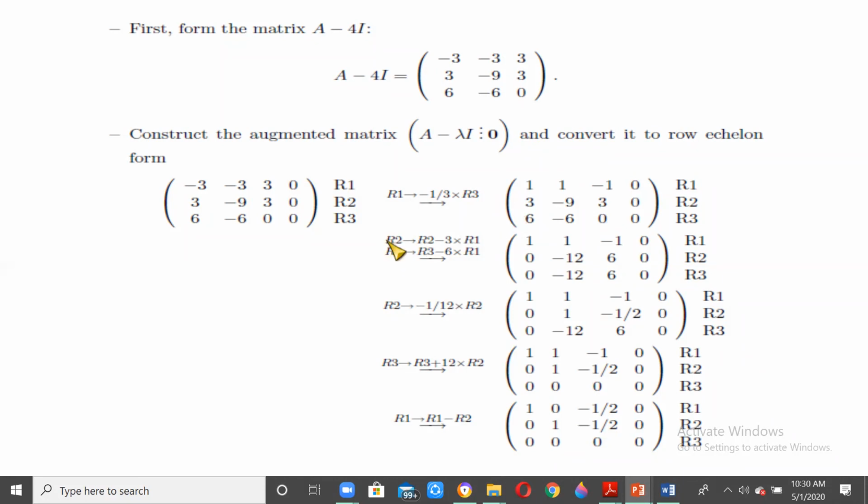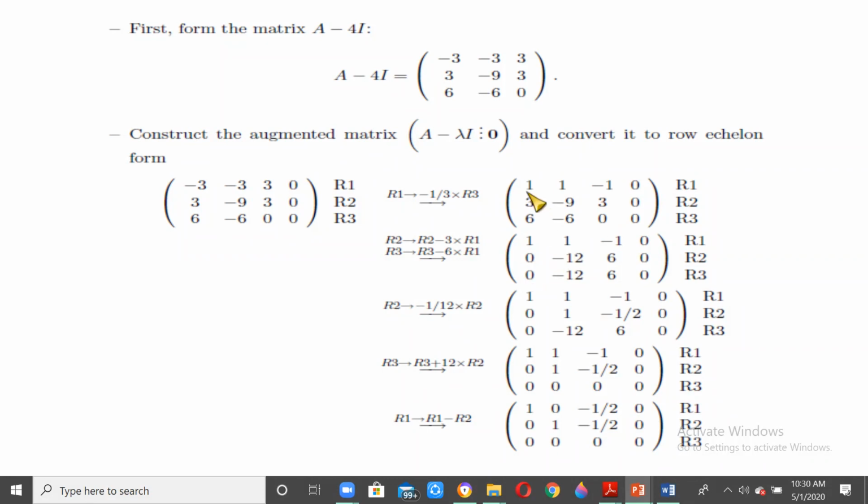For that, we write R2 replaced by R2 minus 3 into R1. You multiply 3 with R1 and subtract from R2, and you get 0.